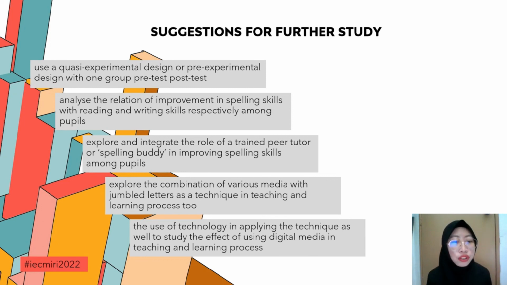I would also like to explore and integrate the role of a trained peer tutor or spelling buddy in improving spelling skills among pupils. It would also be interesting to explore the combination of various media with jumble letters as a technique in teaching and learning process, as well as the use of technology in applying the technique.